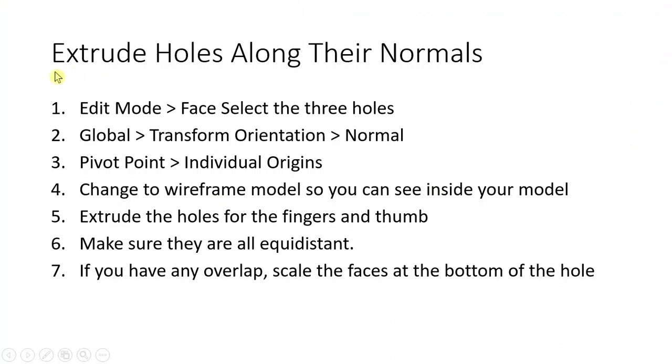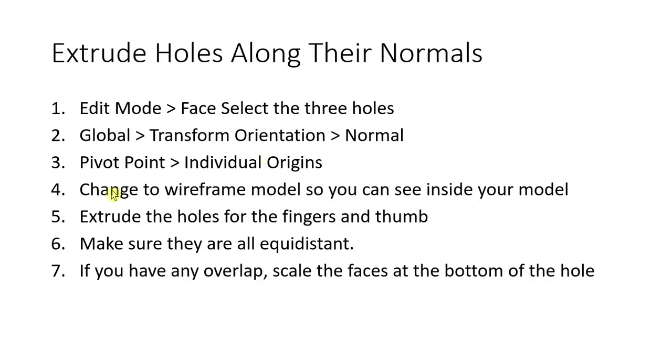Okay, so our goal is to extrude the holes along their normals. You'll be in edit mode, face select the 3 holes, which we just showed you how to do. Then you're going to change the transform orientation from global to normal. And then there's a pivot point menu that you're going to change to individual origins.